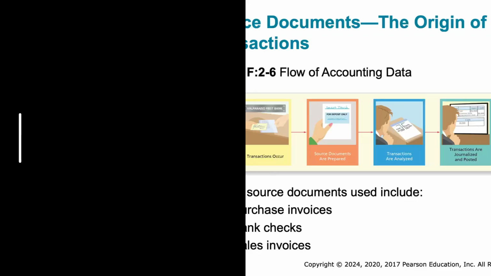They'll look it over and say, okay, we had this deposit in. Why did we make this deposit? It's usually listed on the source document. And then we journalize and post that transaction. Other source documents used include purchase invoices, bank checks, and sales invoices. These are all things that can trace a transaction to where it started, right?